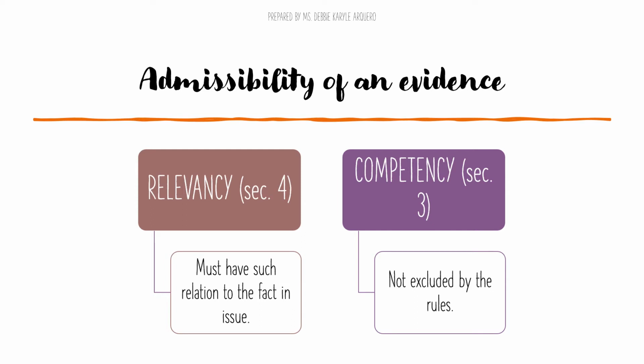That evidence should not be illegally obtained for it to be competent. Because in our law, an evidence that is illegally obtained is deemed inadmissible in court. It is considered as the fruit of the poisonous tree following that doctrine.